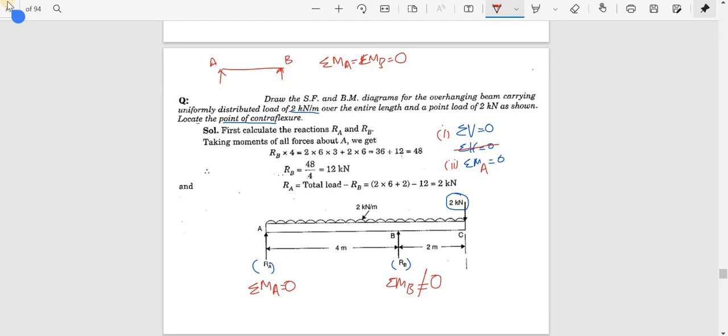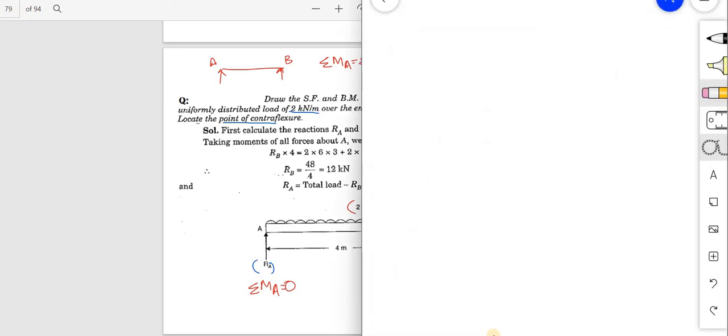So first of all, I am taking the sum of the moments about A. What are the moments happening at A? The moment at A is due to these three forces, the UDL, the 2 kilonewton load, and RB. Let us consider this. Here I am just drawing the figure.